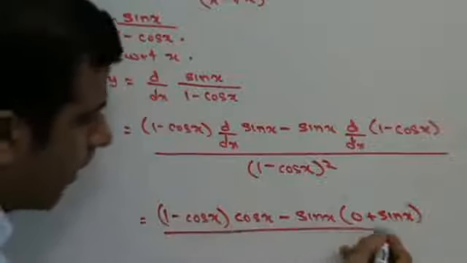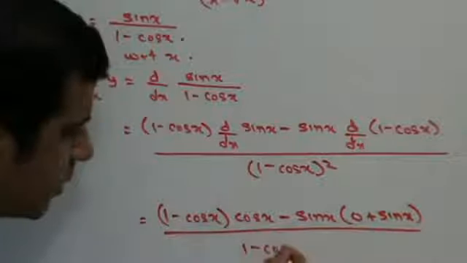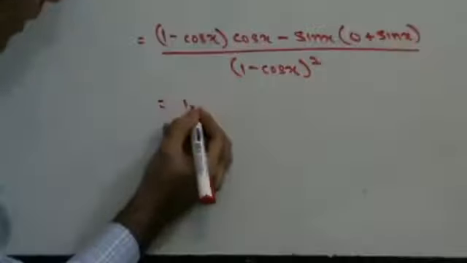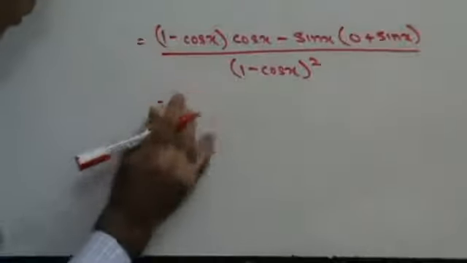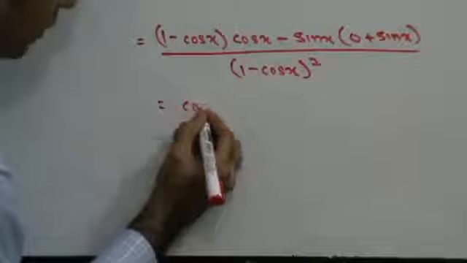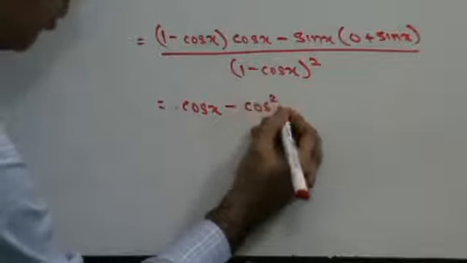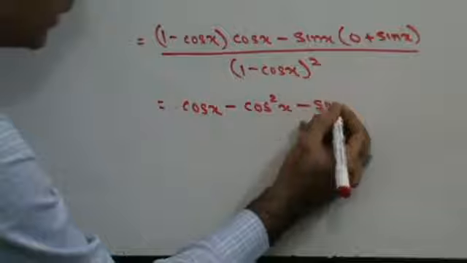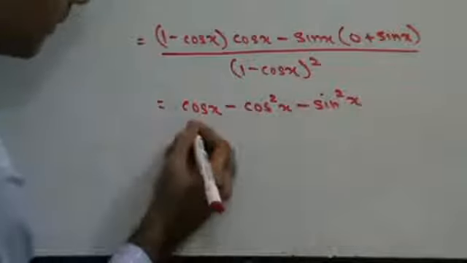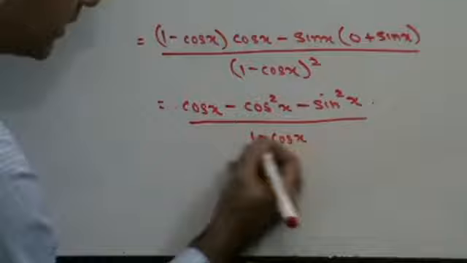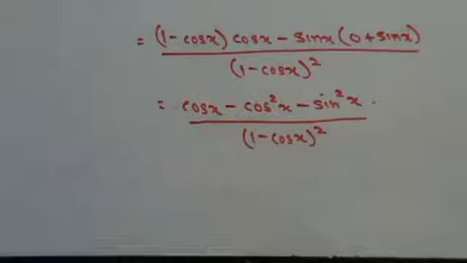upon 1 minus cos x the whole square. This can be written as cos x into 1, cos x minus cos square x minus sin square x upon 1 minus cos x the whole square.